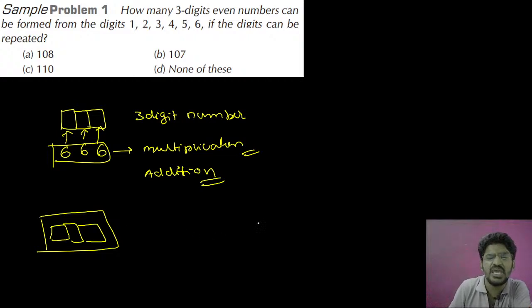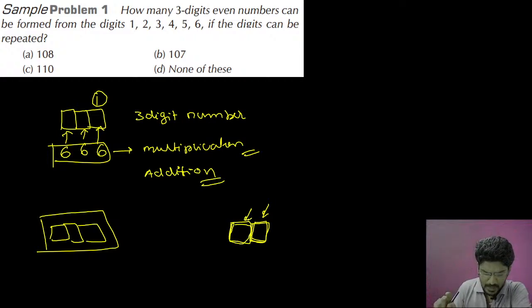So you just see here, if I choose my first place, is my work over? No. I have to take the second place also. By choosing the second place, is my work over? No. I have to go for the third place also.